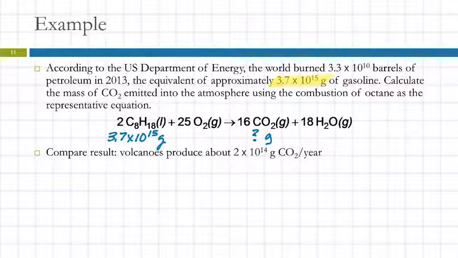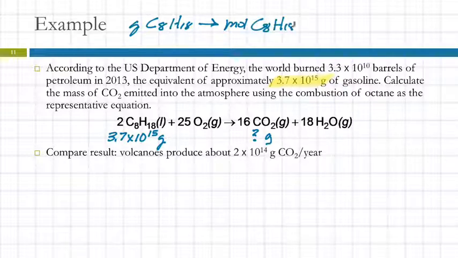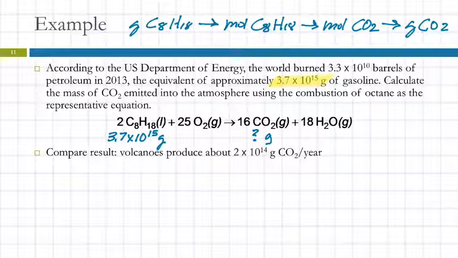So we're going to do grams to moles to moles to grams. Grams of the octane to moles of octane to moles of CO2 to grams of CO2. Grams to moles to grams. Any questions?